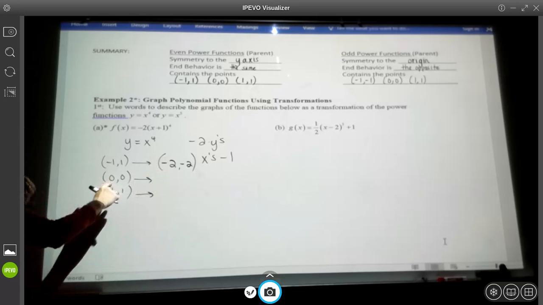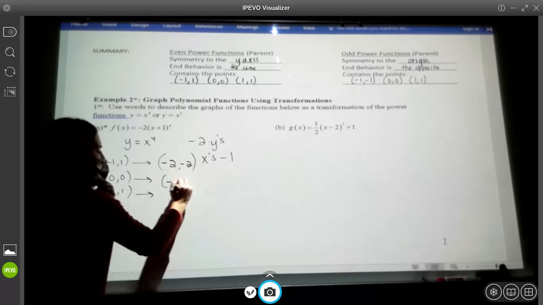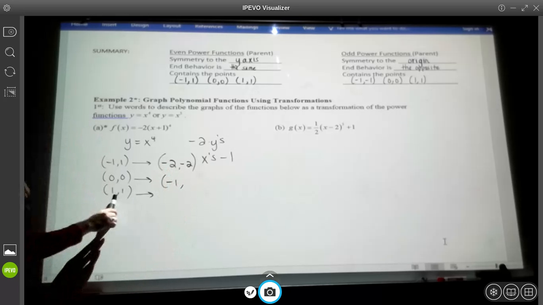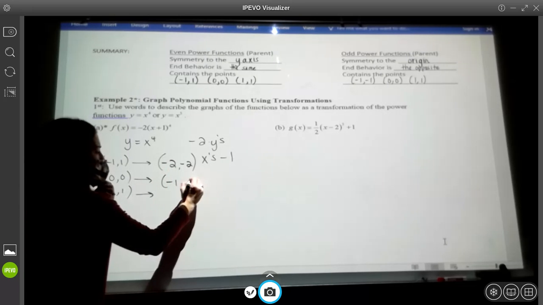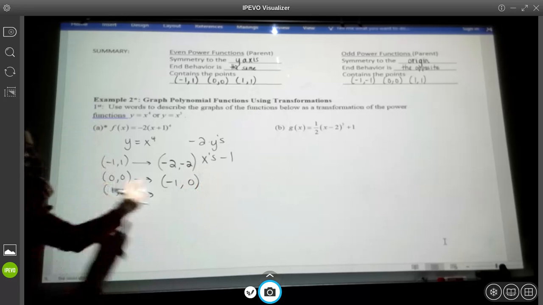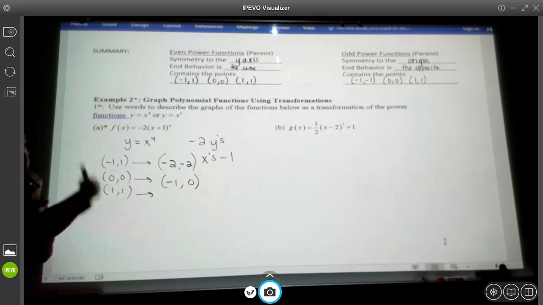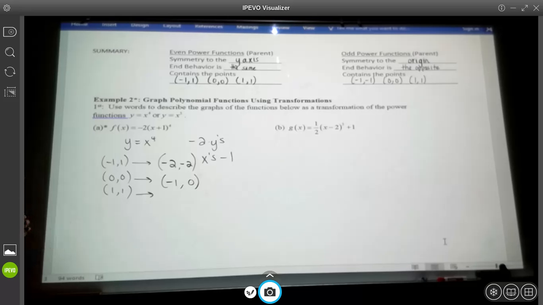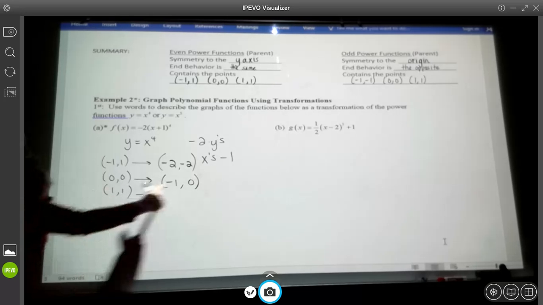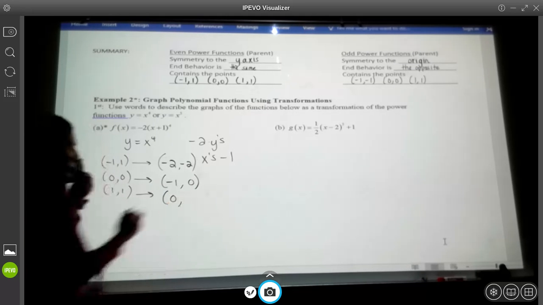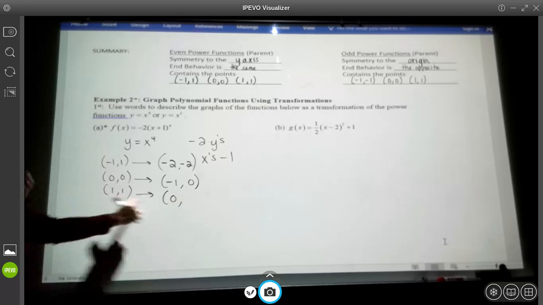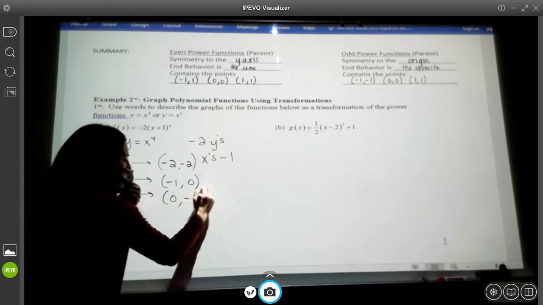All right, take 0, minus 1 from it, negative 1. Take 0, times it by negative 2, and you get 0. This point has now been moved here on this new function's graph. And then the last one, take 1, subtract 1 from it, that's 0. Take 1, times it by negative 2, and you get negative 2.